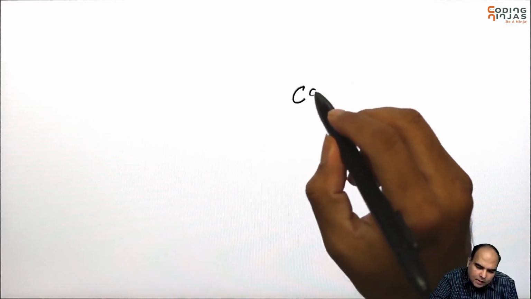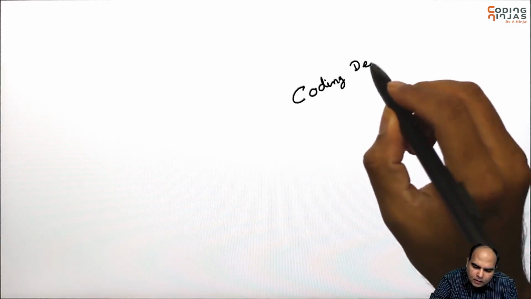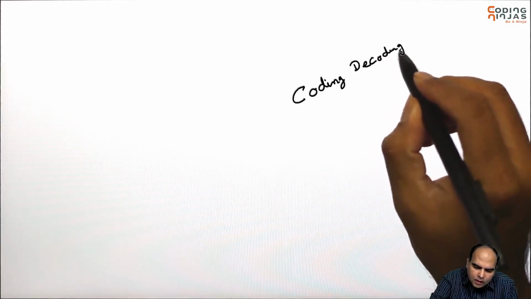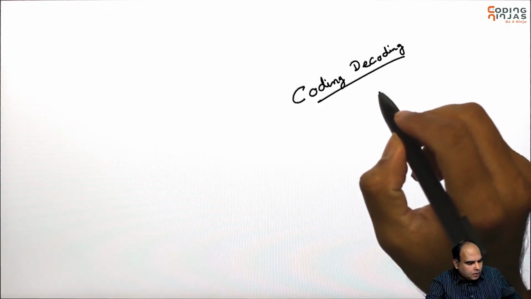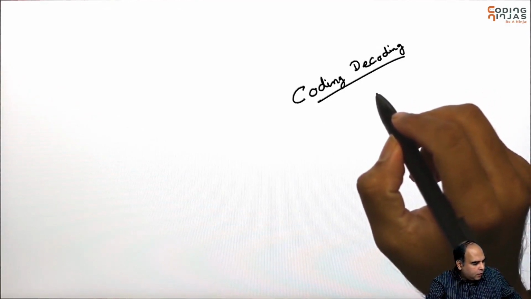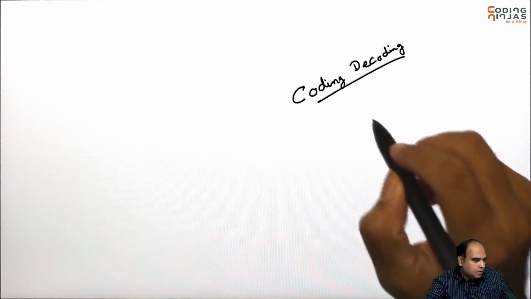And in this lesson, I am talking about a couple more question patterns that you will see in the coding decoding chapter. The first one is one in which you have some numerical pattern followed between the code and the numbers.